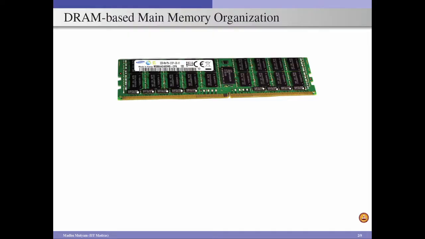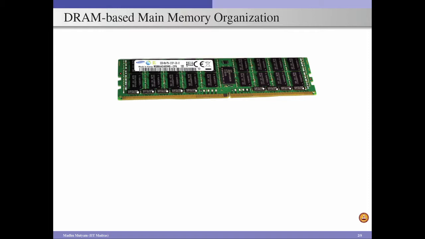So, all of us know that in our computers or laptops we find this component. This is a dual inline memory module, DIMM, and this is the DRAM based memory that is sitting in our motherboard. And you can see here this DIMM consists of lots of rectangular boxes which are called DRAM devices or chips.